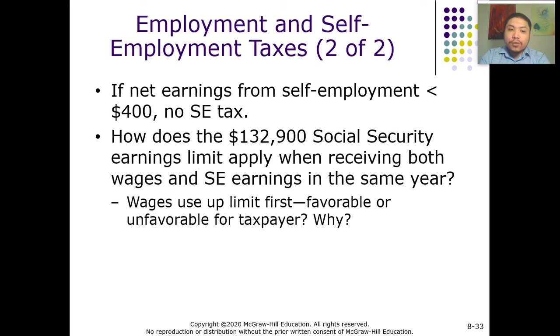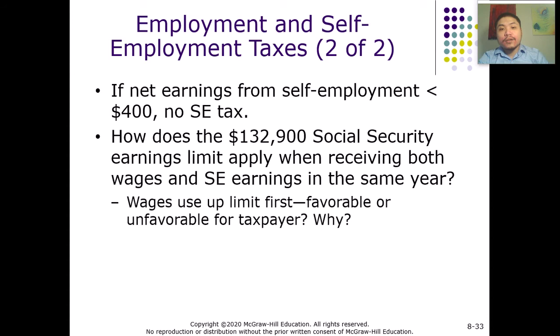After we calculate the FICA tax on the employee compensation of these taxpayers, we take out that compensation from this limit.